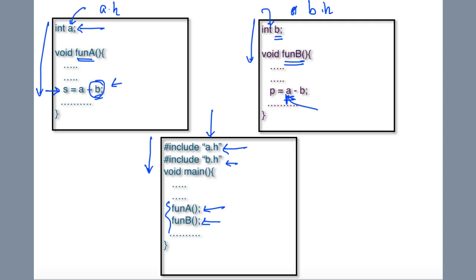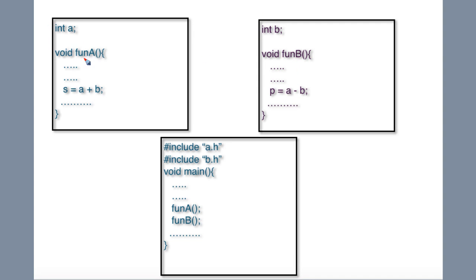So in such cases, the extern declaration is very much useful. You can see that if we declare extern b here prior to using the variable b and extern a here prior to using the variable a in this file, then the problem will be solved. Because when the compiler gets this declaration, compiler understands that it's enough hints.